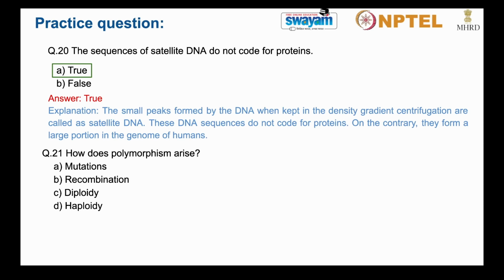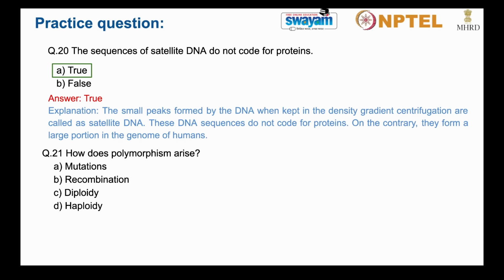Due to mutations it can vary, or there are different reasons behind this polymorphism. We can also view polymorphism as the occurrence of two or more clearly different forms or morphs. So it is also referred to as alternative phenotypes in the population of a species. So that is all about polymorphism. What do you think?